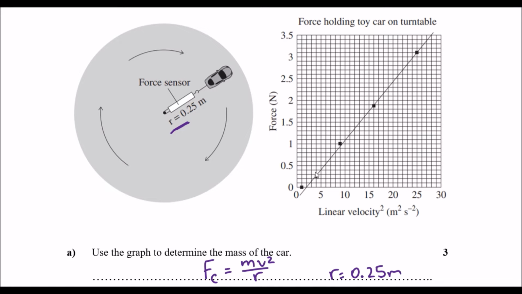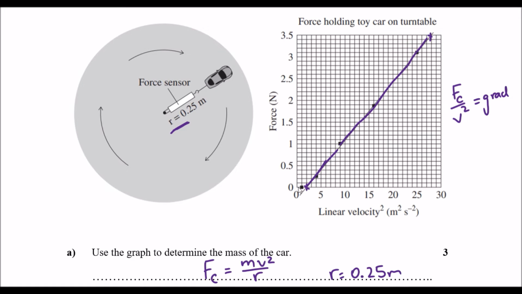What we can then do is use the line of best fit, this line all the way along here, to substitute into this equation. So we have force over velocity squared, that is our gradient. If I was to firstly find the gradient value, then we can also talk about how we can find mass from this part here.